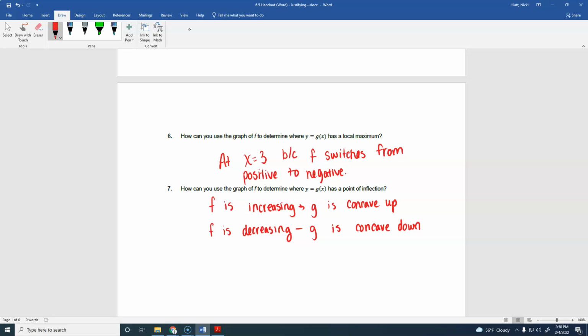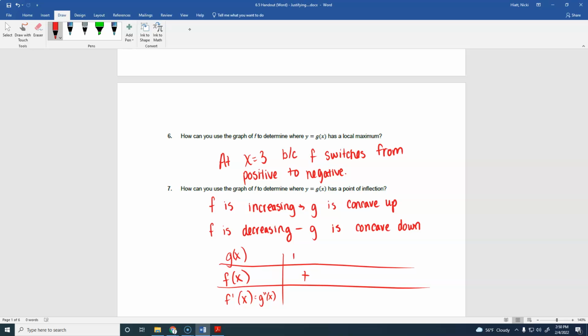so what we have here basically is you've got G of X is like your original function. F is the first derivative right here. And then F prime would be the same as the second derivative of G. So if you know that F is positive, it tells you G is increasing. If it's negative, you know G is decreasing.